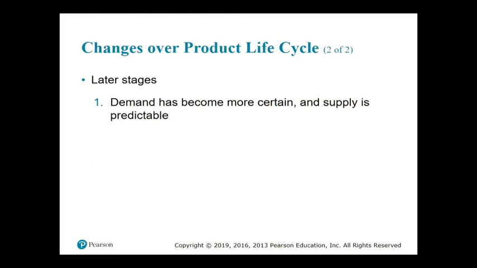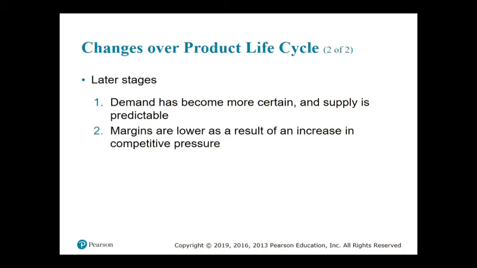And then if we let the product go to later stages, the demand will become more certain, and supply will also be more predictable. And then most likely the market is saturated, or there will be more competition.